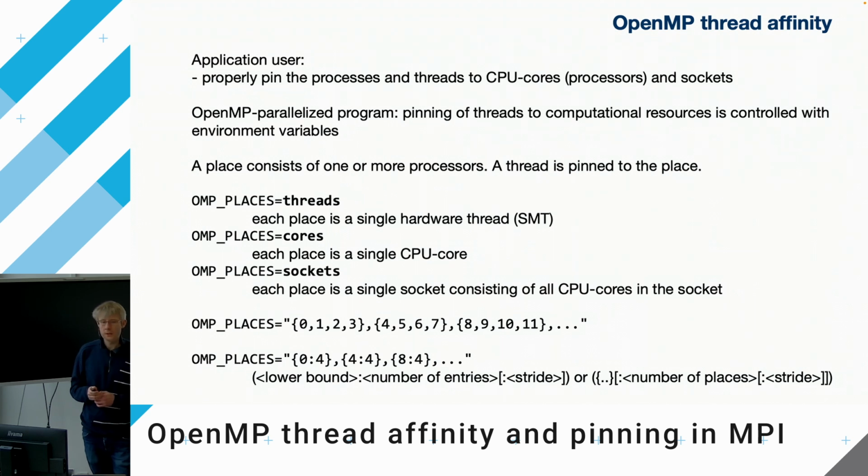For OpenMP, this is the feature of your programming language to run your calculation on multiple threads. There you can set the pinning of the threads, and pinning means that a thread is only allowed to be executed on a certain set of cores. For example, one thread per core, and it is not allowed to switch to a different core to be executed.